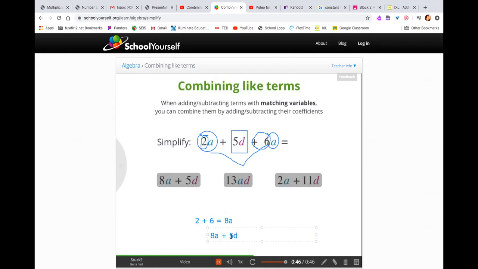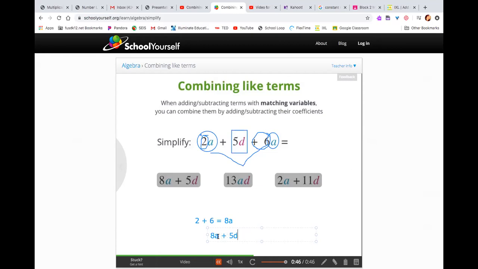Now, can I add the 8 and the 5 together? If one says A and one says D, can I add those numbers together, or I cannot? Well, let's see.